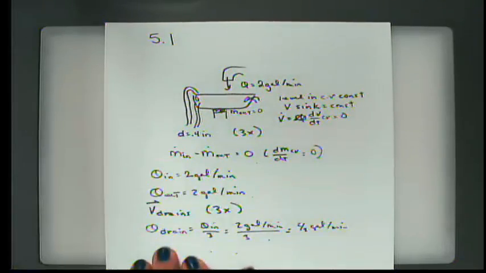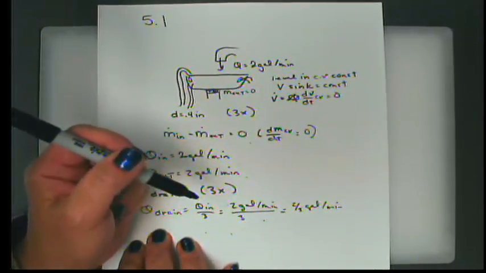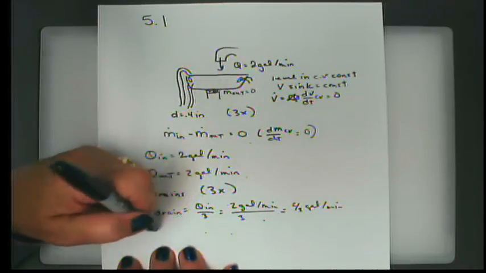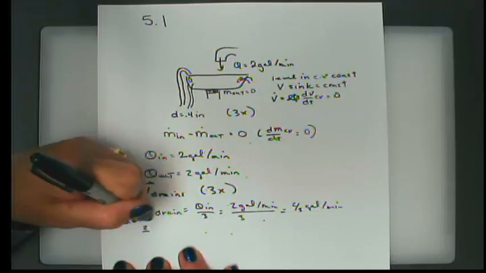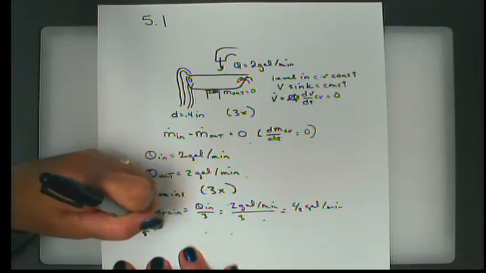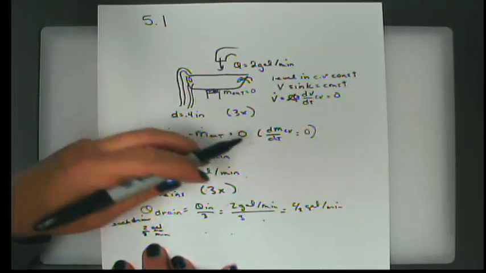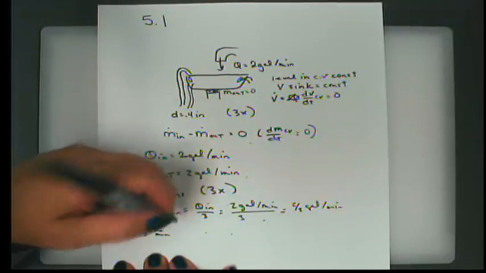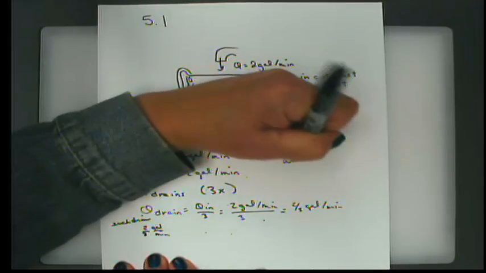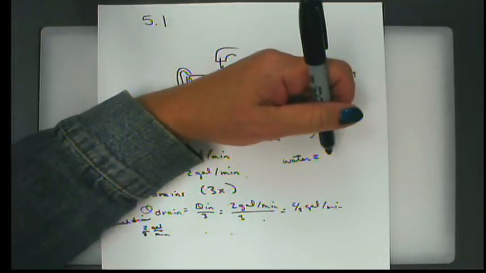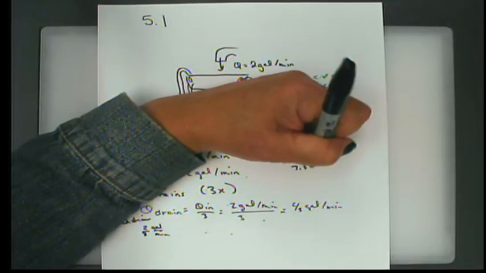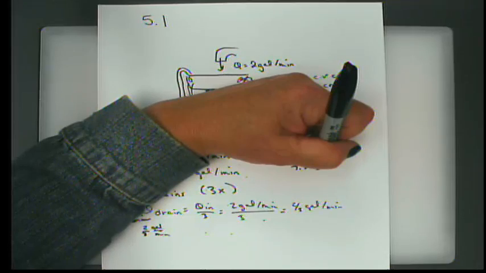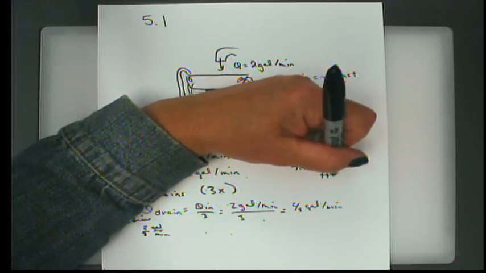Now, a gallon per minute is kind of a strange unit to work with. But if we want to get that into cubic feet per second, we can find that each drain has 2/3 of a gallon per minute. And if you look up the properties of water, there are approximately 7.5 gallons per cubic foot.